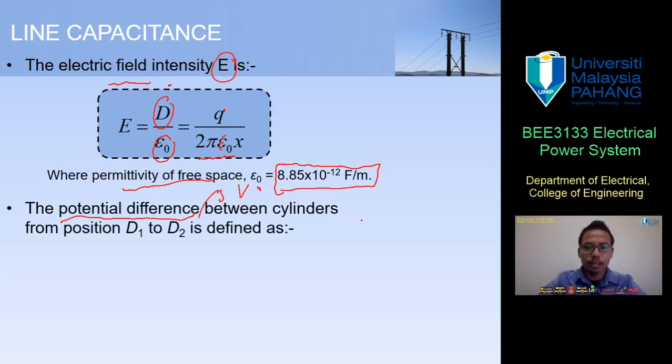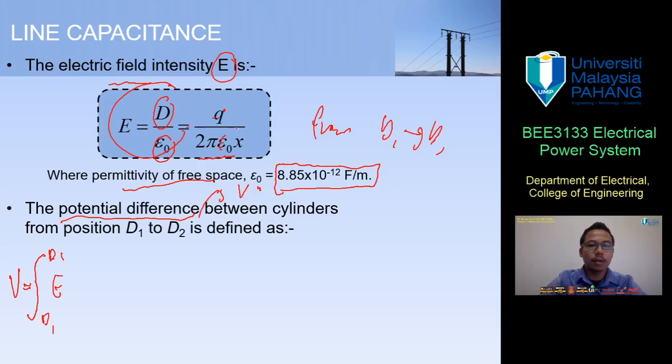How to do that: the V is the integration of the electrical field intensity E from D1 to D2. It means we integrate the function of E from D1 to D2.